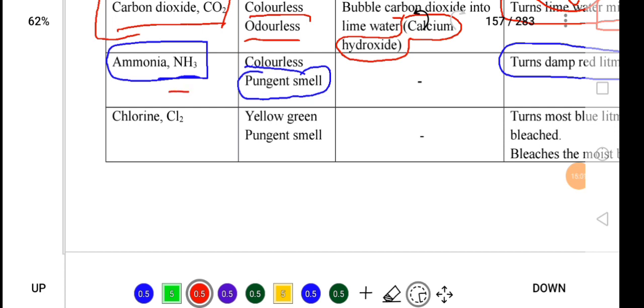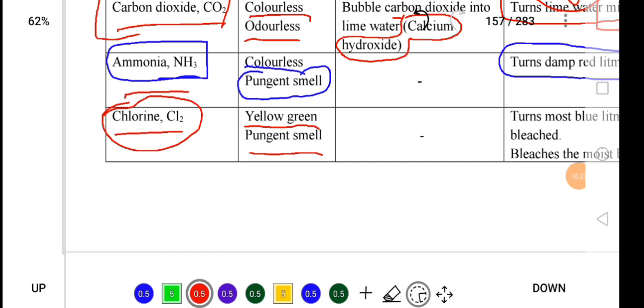Just like ammonia, chlorine has that pungent smell. And the difference is that ammonia is colorless, while this chlorine has the yellow-green color.